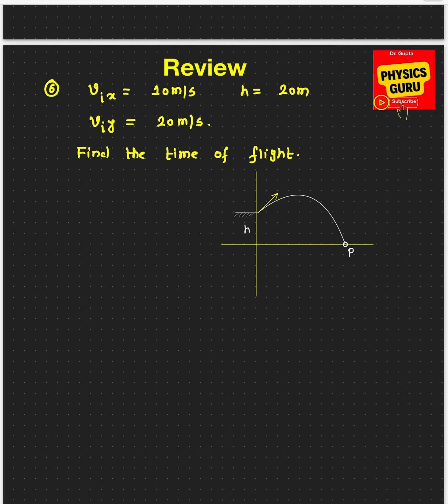So all we care about is the vertical motion. So let me write down. All we care about is the vertical motion. So what is my initial vertical speed? My initial vertical speed is 20 meters per second. That is given, you see.